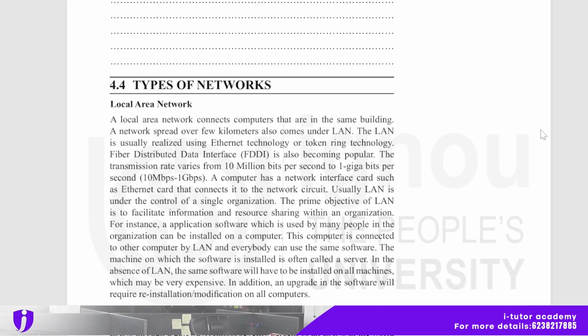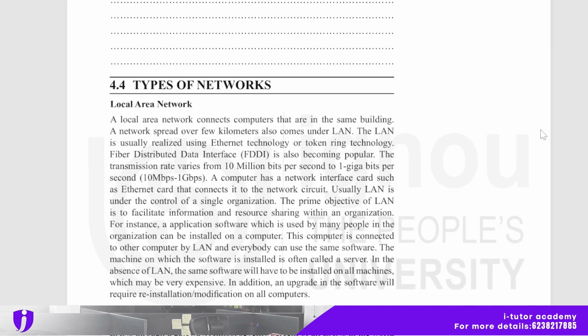The LAN is usually realized using Ethernet technology or token ring technology, and fiber distributed data interface is also becoming popular. The transmission rate varies from 10 million bits per second to 1 gigabit per second. A computer has a network interface card such as an Ethernet card that connects it to the network circuit.